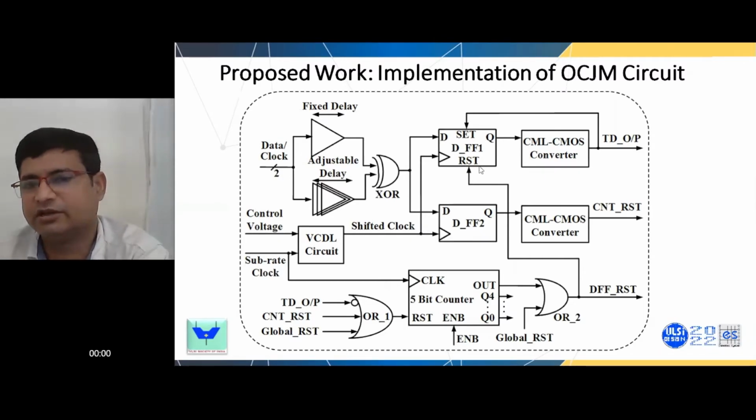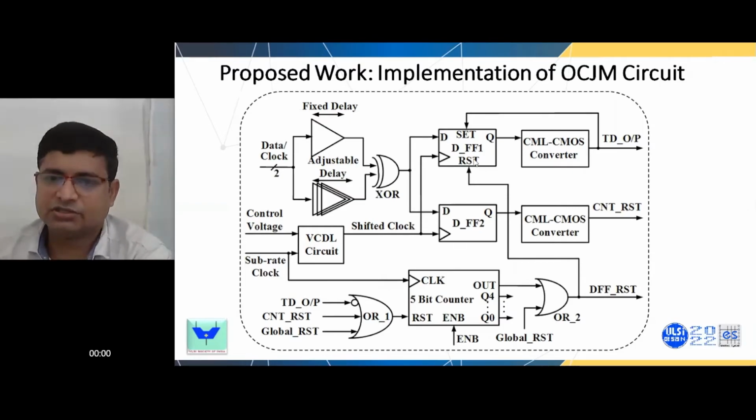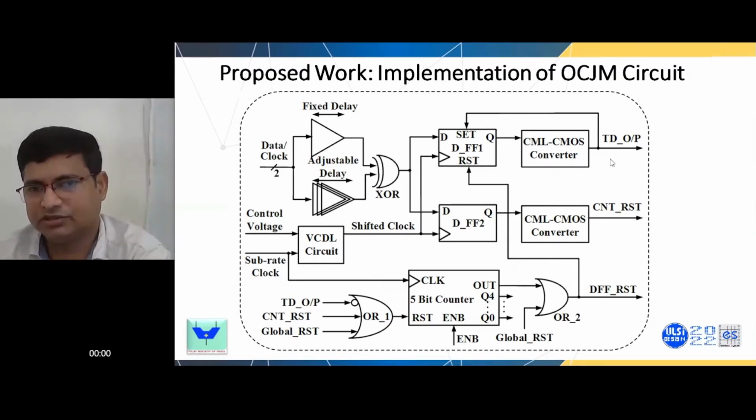This will give the output of the total amplified pulse width, which is nothing but the peak-to-peak jitter plus some offset. That is, the jitter value plus the pulse width. Some supporting blocks are there too.